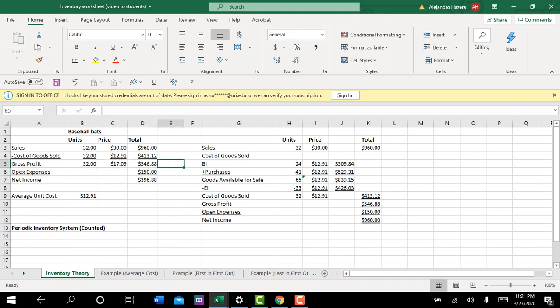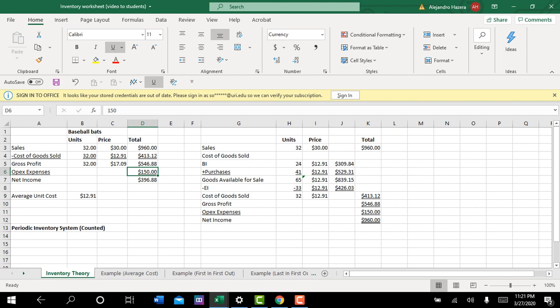Okay, so we come over here and our total sales revenue for 32 bats is $960. Our total cost for 32 bats at $12.91 each is $413. And our total gross profit is $546.88. Now, every other expense from our perspective is basically operating expense.